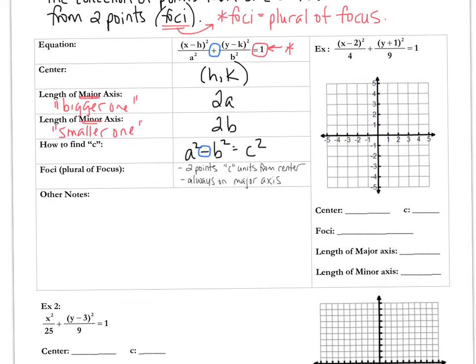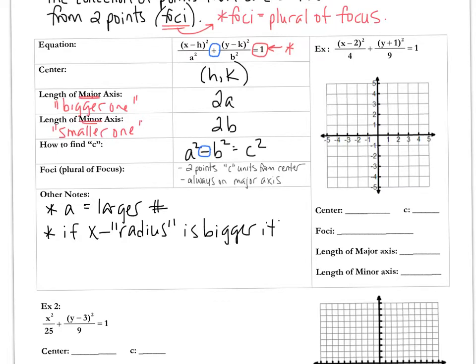So I do have a couple other notes for you. Just note that, number one, the a is the larger number, so that's always the major axis. That's what I wrote kind of above. Let's see. If the x radius, or the number underneath the x part of the center, is bigger, then it's a horizontal parabola, or ellipse, excuse me.